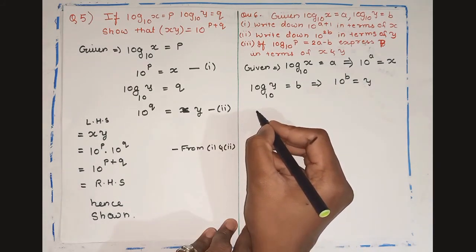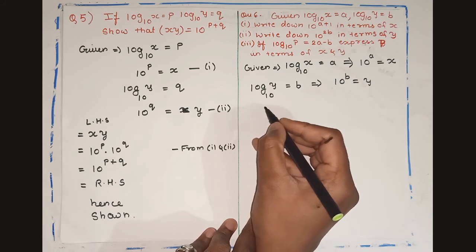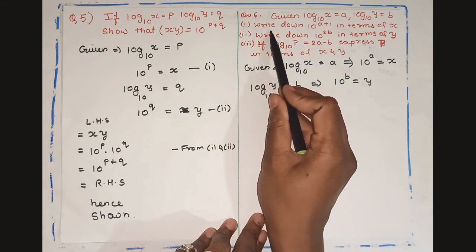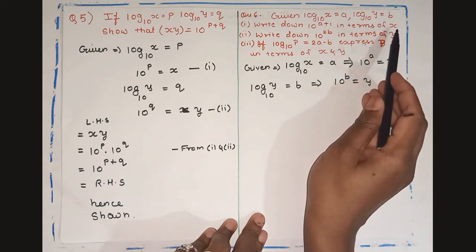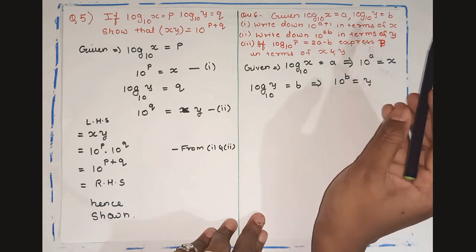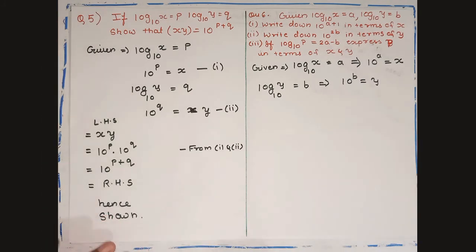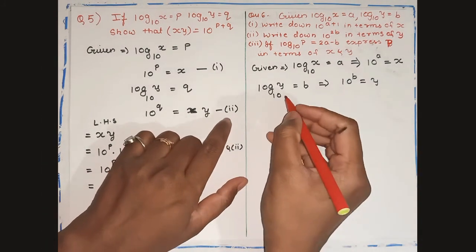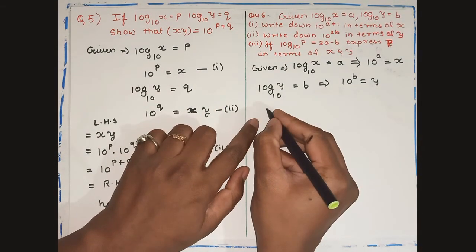Then these two terms are only given. Okay, then what do we have to write down? Write down 10 to the power a plus 1 in terms of x. Now let's see, 10 to the power a plus 1.